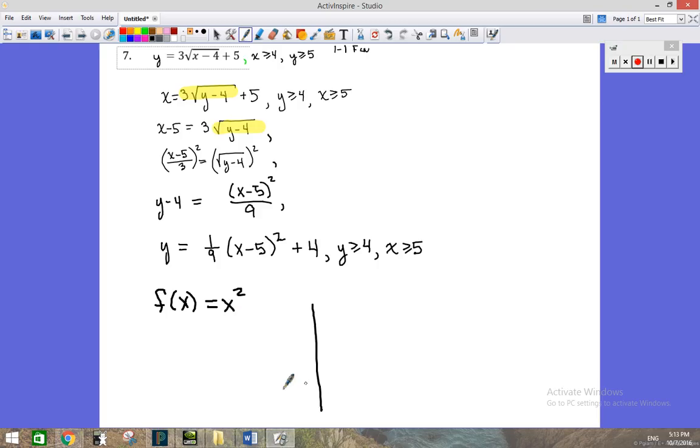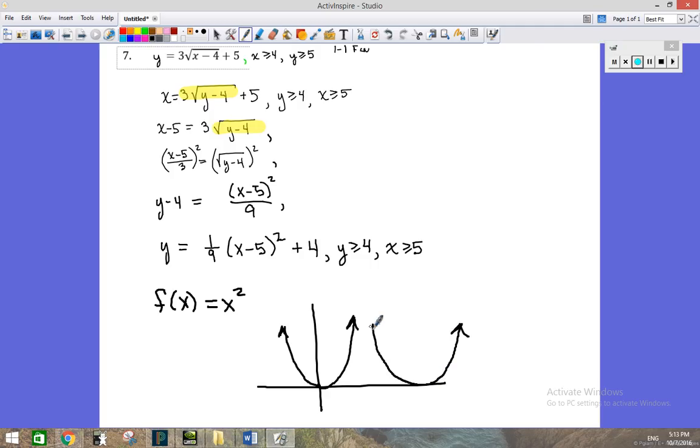The graph is often referred to as a parabola. I know that the minus 5 that you apply before you square it is affecting the domain, and even though it says minus 5, it's a shift to the right 5 units.